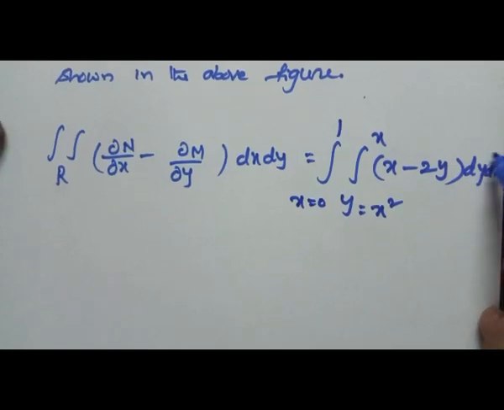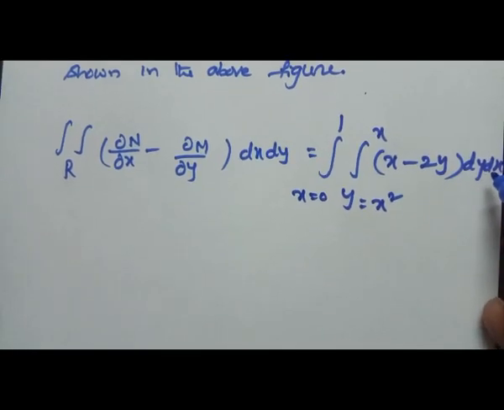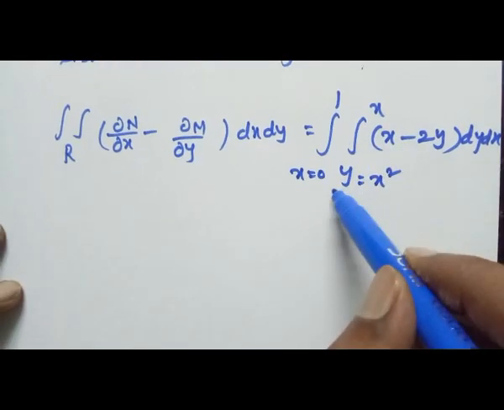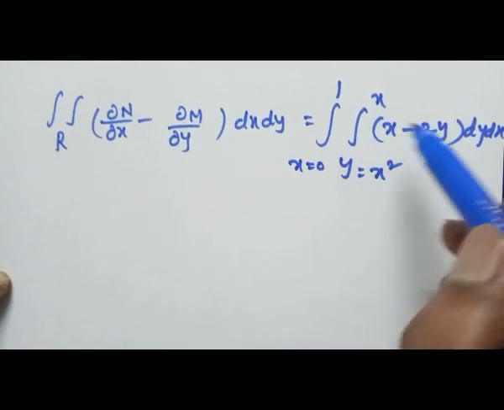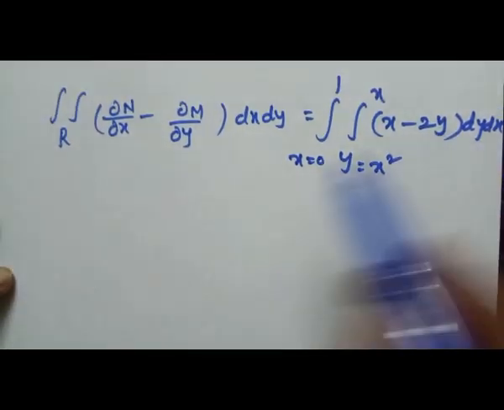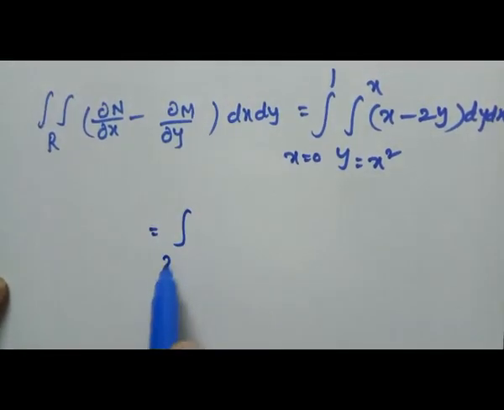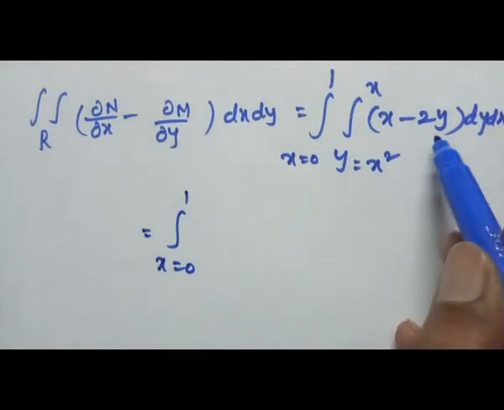Now first integrate with respect to y and then with respect to x. Since the limits of y are in terms of x and the limits of x are constants, this can be written as the integral x equal to 0 to 1.